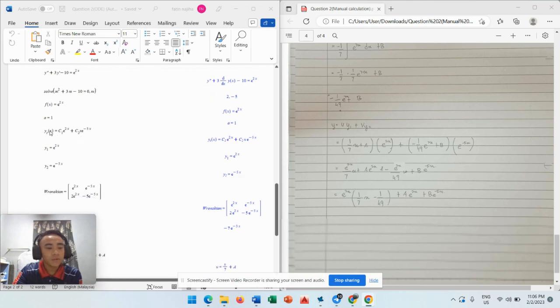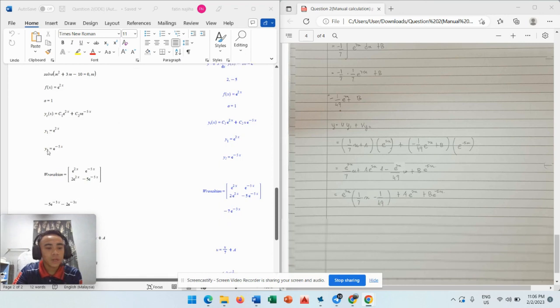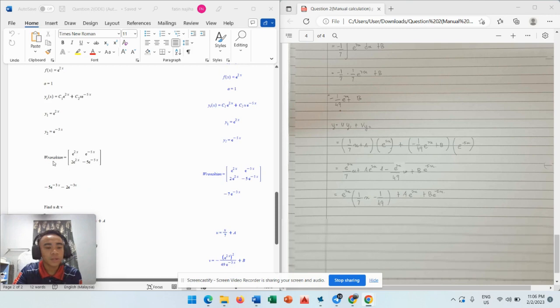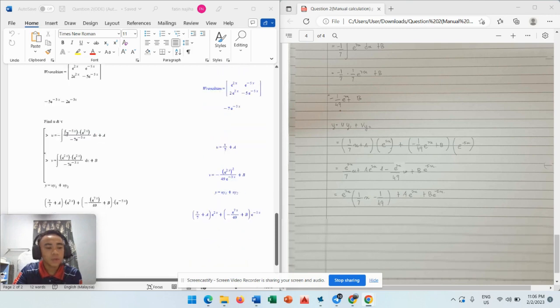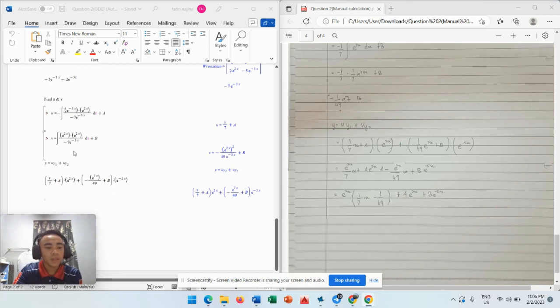After that, we need to find YC, and we need to find Y1 and Y2. After that, we do the Wronskian, and after that, we need to find U and V. And after that, we substitute U and V and Y1 and Y2 for the general solution, and we get this.